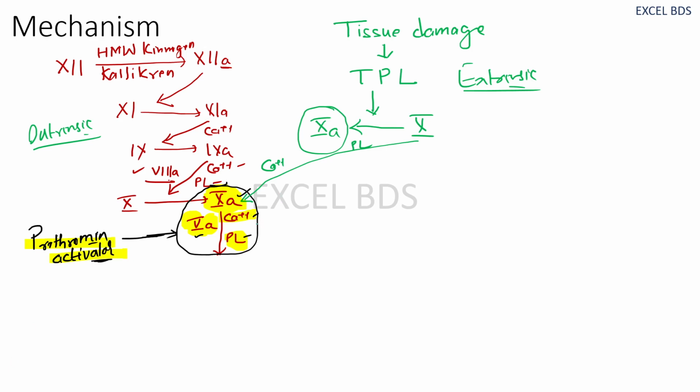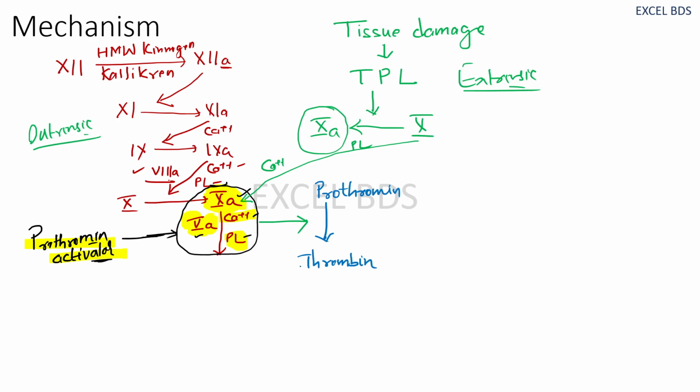Now what is the function of this prothrombin activator? It converts prothrombin into thrombin. So prothrombin is converted into thrombin.